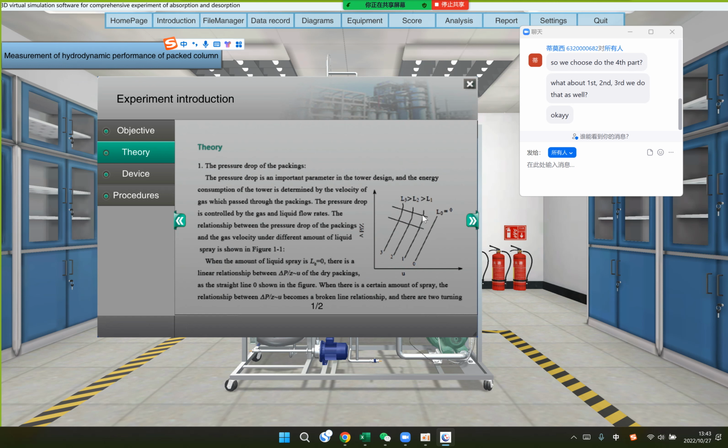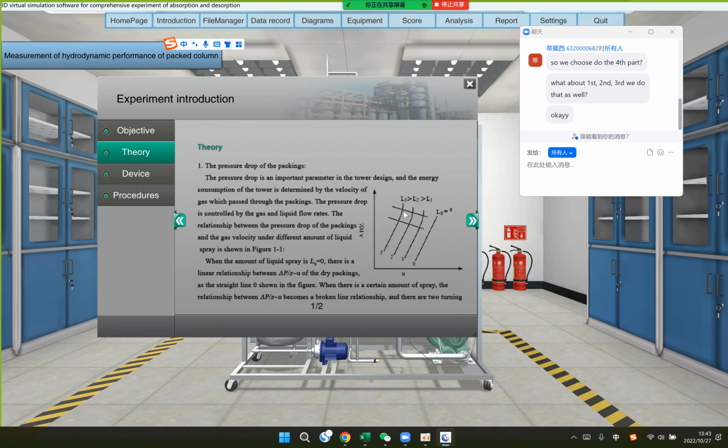So these 2 points are very important for the absorption tower operation conditions. And we change the liquid load from L1 to L2 to find another 2 points, and also we can increase the liquid load from L2 to L3 to find even more points.